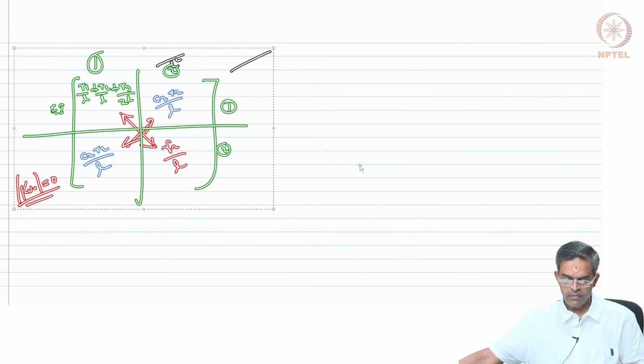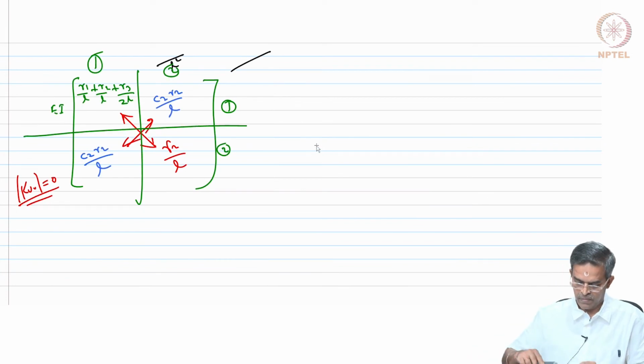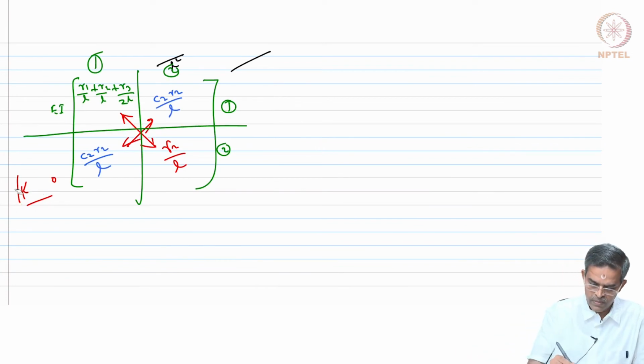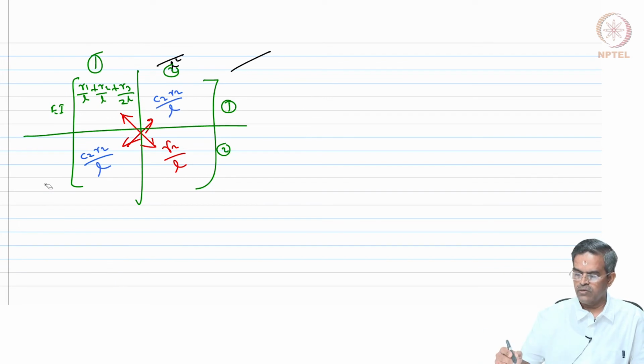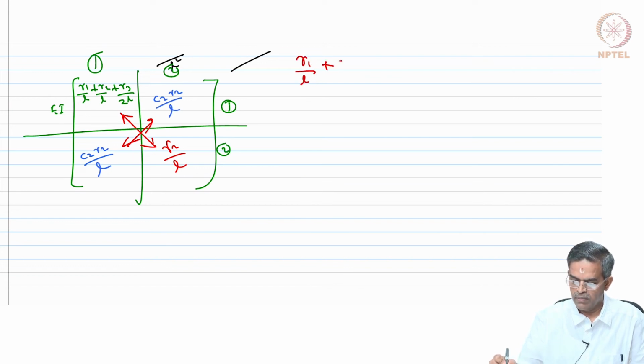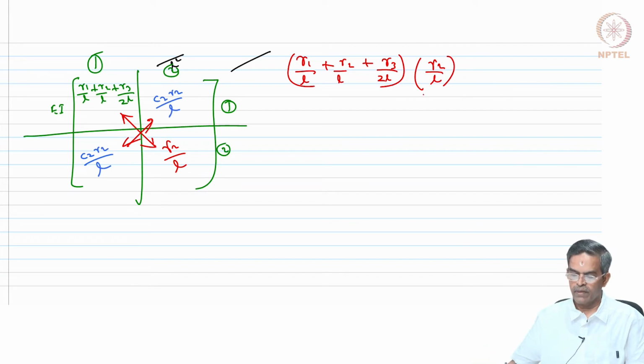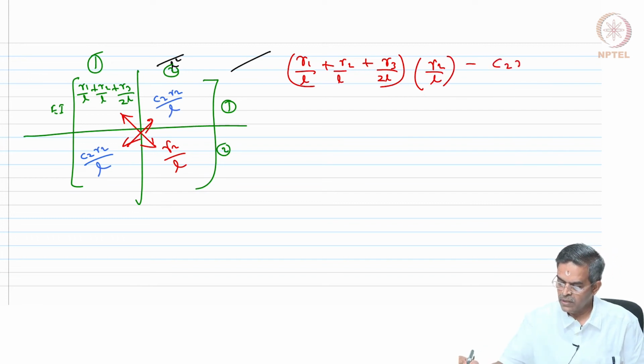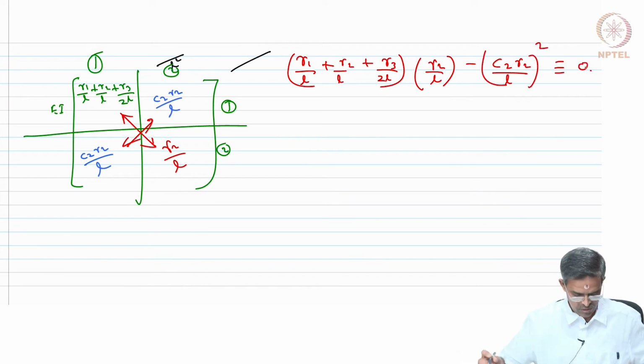Let me put it here. So, I should say R1 by L plus R2 by L plus R3 by 2L times of R2 by L minus C2 R2 by L, the whole square should be set to 0, am I right?